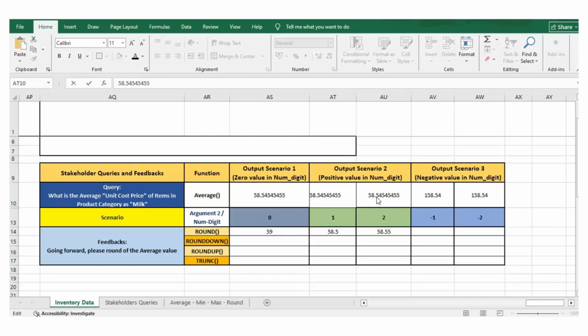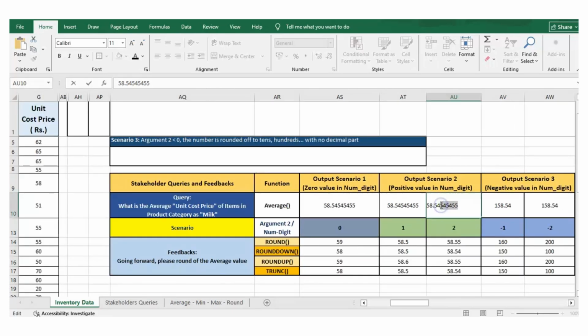Same is the case in the second example. Following the same approach, look for decimal data which is starting from the third decimal digit. So let us focus on the decimal numbers after the second decimal place.